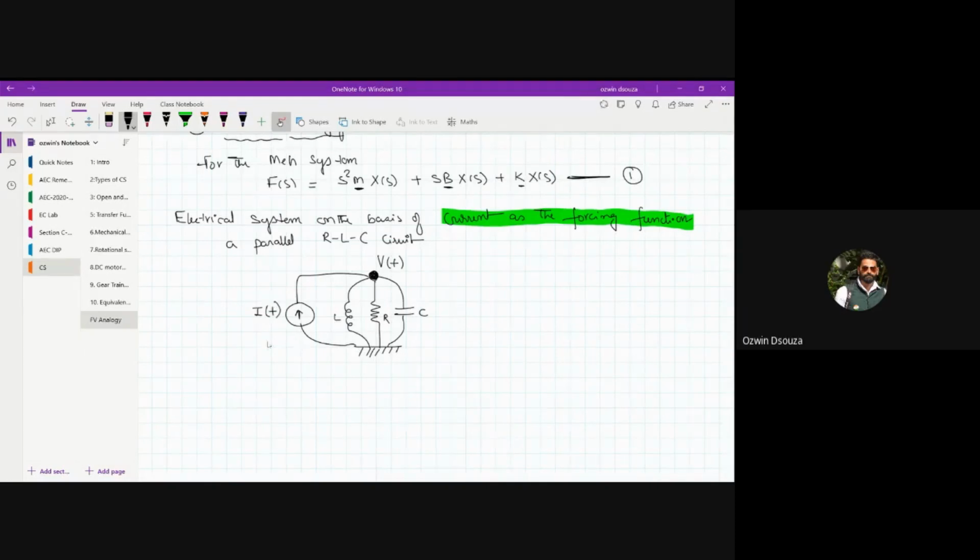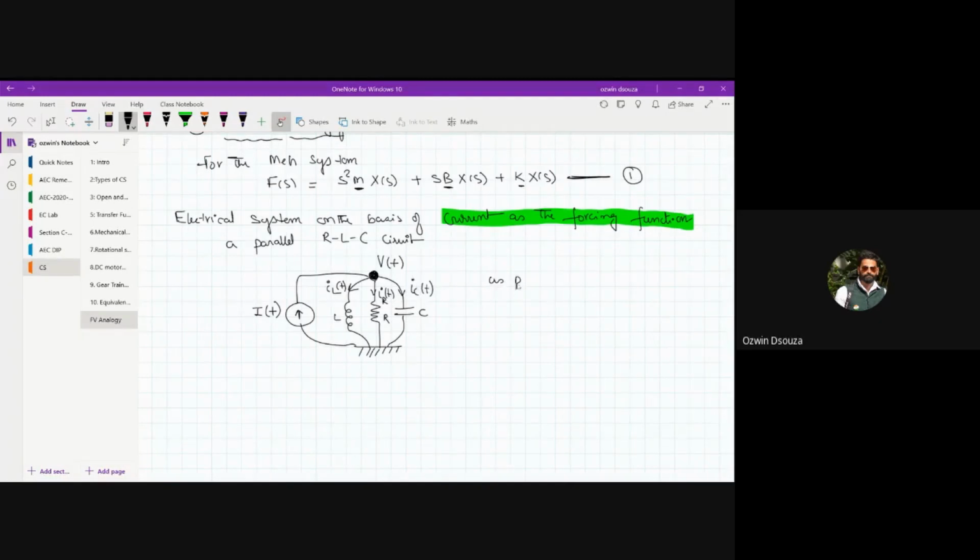I of t. So as per KCL, the supplied current I of t is equal to the sum of the element currents, IL of t plus IR of t plus IC of t.